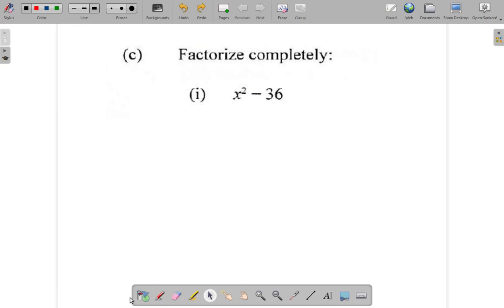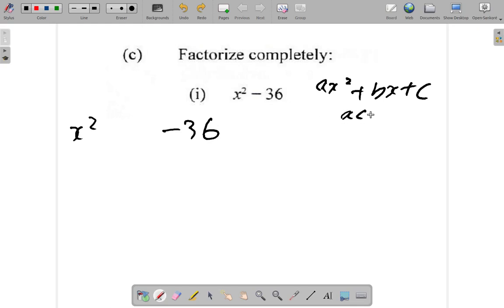So here, just to look at the theoretical background behind this. So x squared minus 36. Generally, the form of a quadratic expression is ax squared plus bx plus c. When you use the AC method, you have a times c. A by c gives you ac, and you think of two numbers, they multiply to give you ac, and they add to give you b.